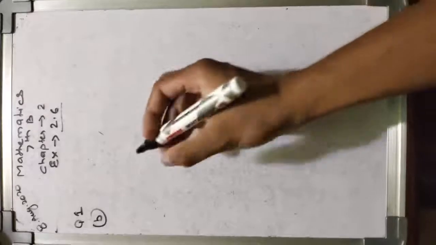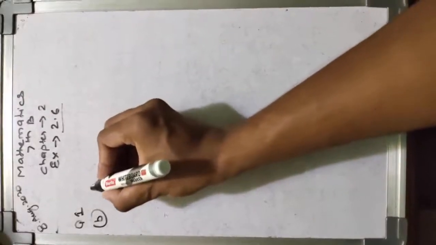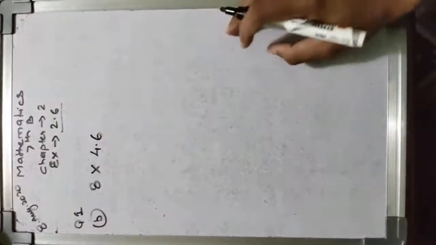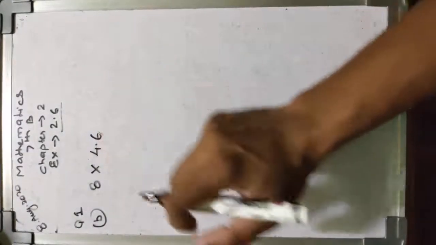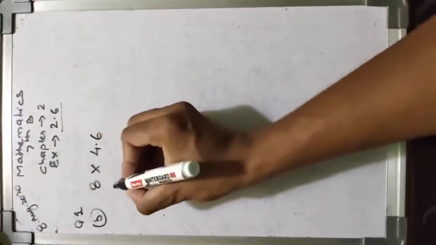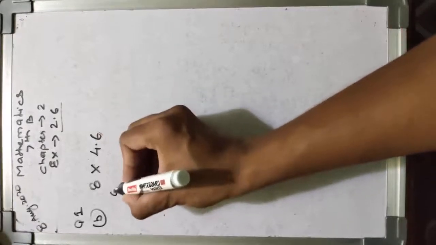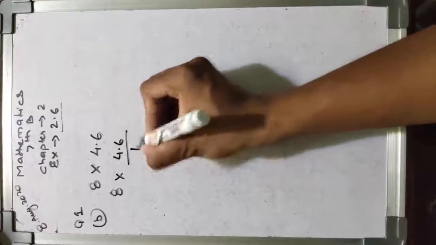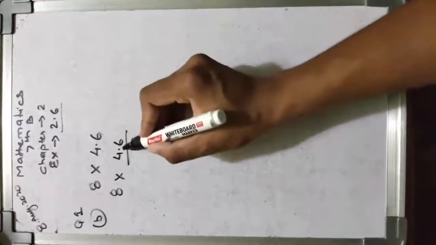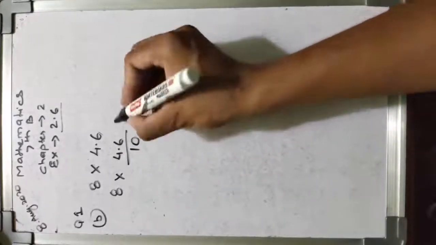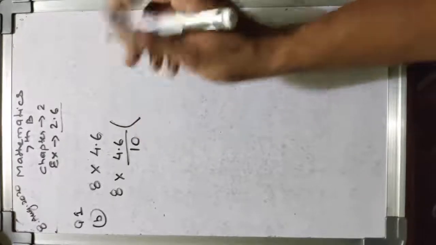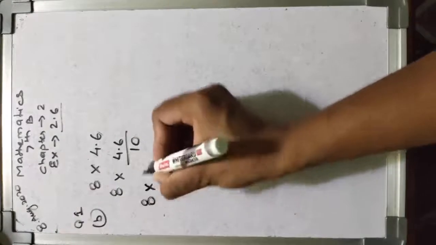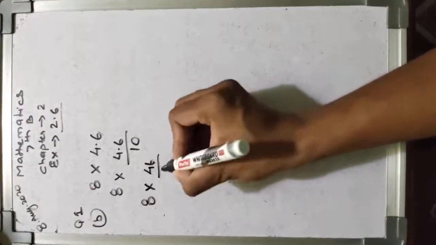Now the B part of the same question: you have to multiply 8 into 4.6. In this question you have to convert 4.6 into a single number. So 8 multiplied by 4.6 divided by 10, because there is only one digit after the decimal. So 8 multiplied by 46 upon 10.